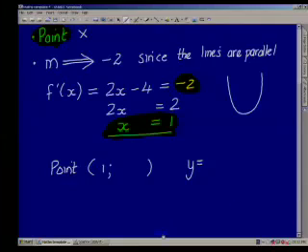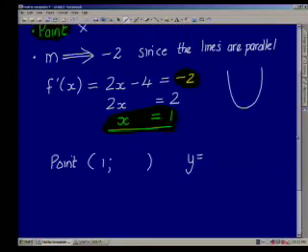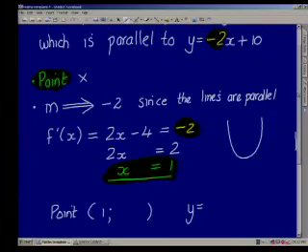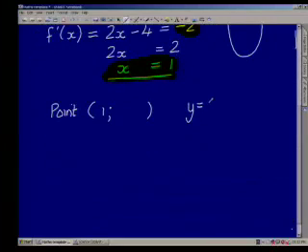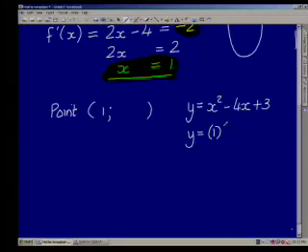If you recall, my equation was y is equal to x squared minus 4x plus 3. So substituting my 1 in, guys, that's going to very definitely give me y is 1 minus 4 add 3, which gives me 0. So this is happening at the point (1, 0).